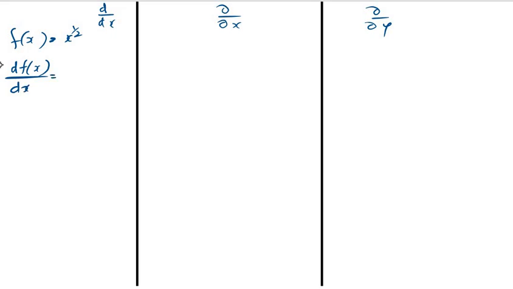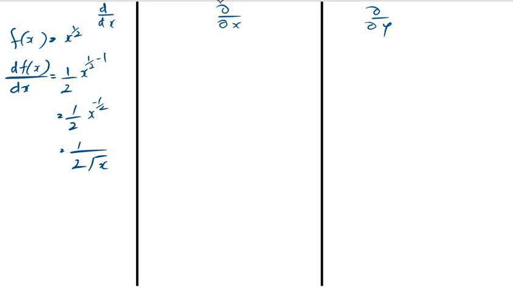So what we do here is multiply by the power of x and subtract 1 from the power of x. So when we subtract 1, half minus 1, we get half x to the power minus half, which is equal to 1 over 2 square root of x.